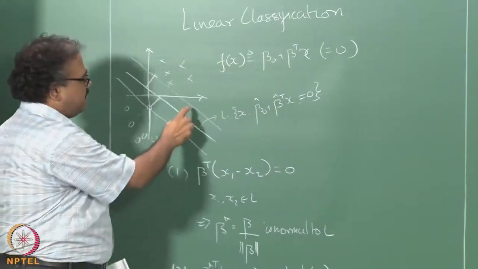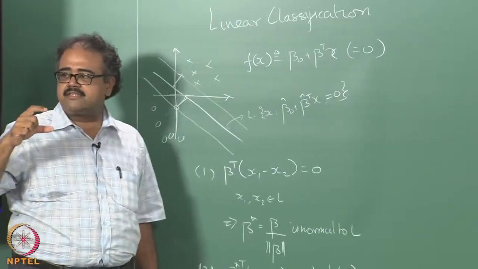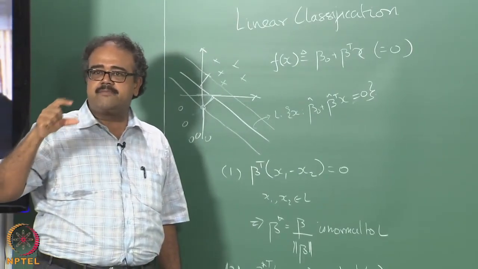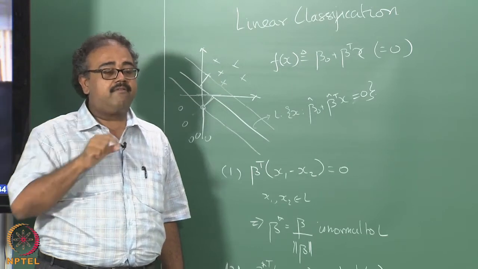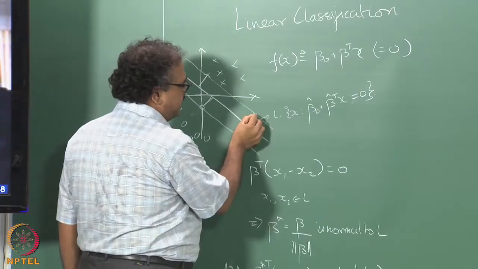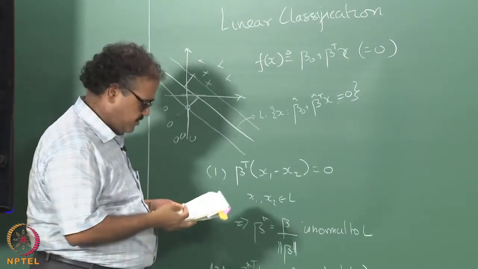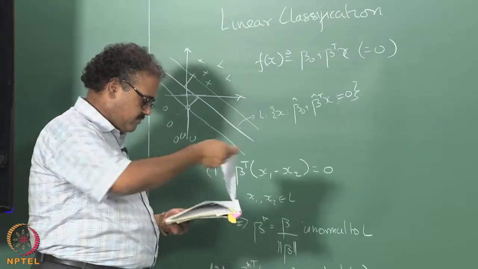So now I'm essentially going to have a slab around the separating hyperplane, which will have no points. The thickness of the slab will be the same on either side of the hyperplane. That's essentially what I am looking for.